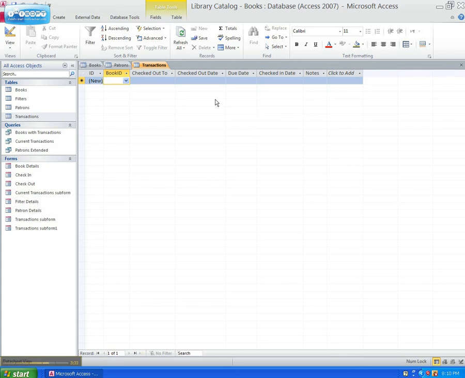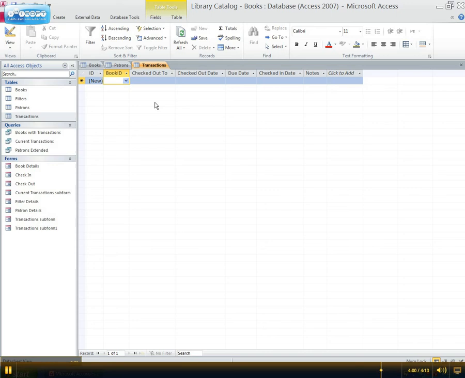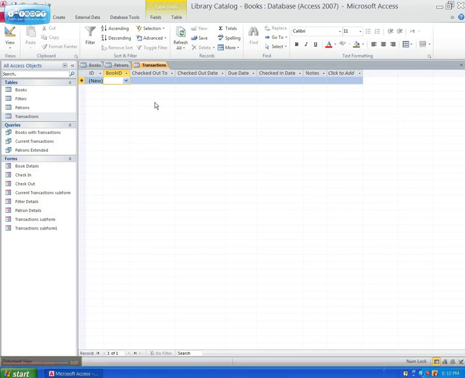So books doesn't contain anything about patrons, doesn't contain anything about transactions even, or any other table we might have in there, maybe buildings even. You can have a separate table that links books to different buildings if you have a group of libraries, a consortium of sorts in this database. So that's the key thing to remember about relational databases. We'll get into that a lot more as we go along.